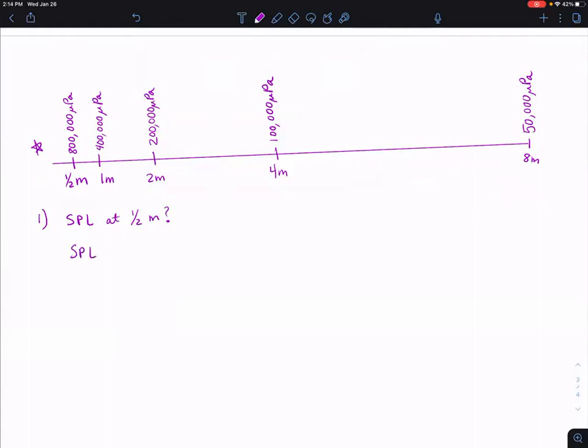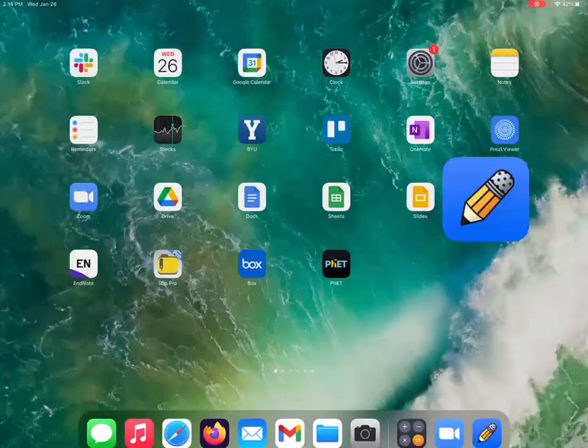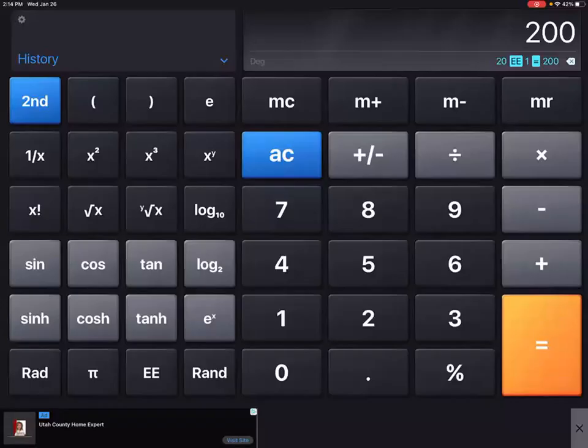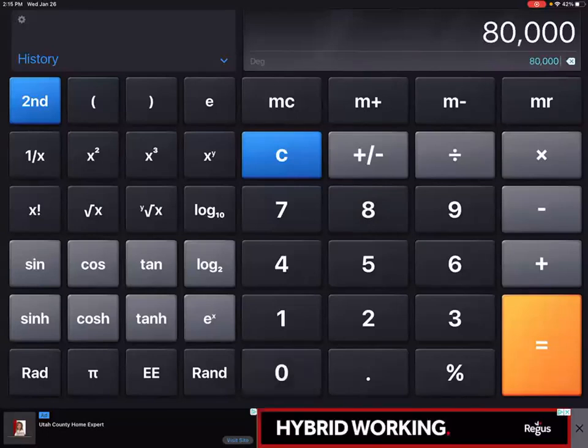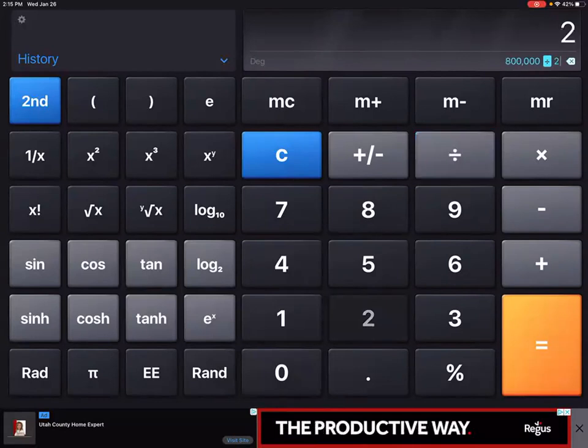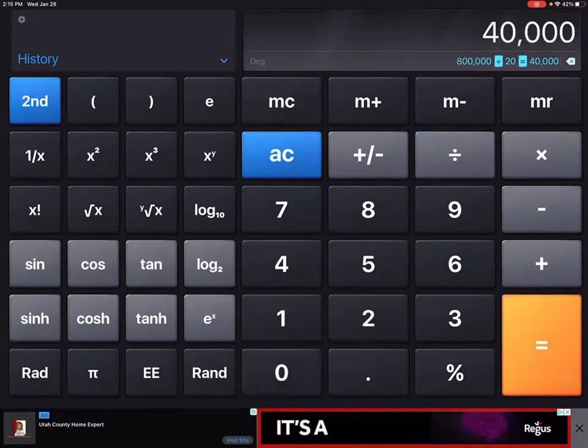So the sound pressure level at half a meter, using our equation above, is 20 times log 10 of 800,000 micropascals divided by 20 micropascals. It's always divided by 20 micropascals. Okay, so when I plug this in on my calculator, 800,000 divided by 20 equals 40,000.